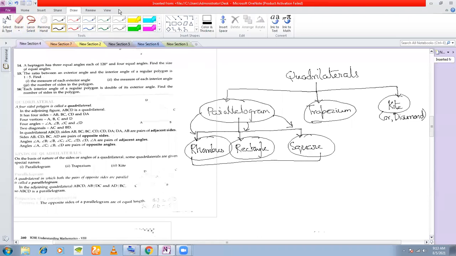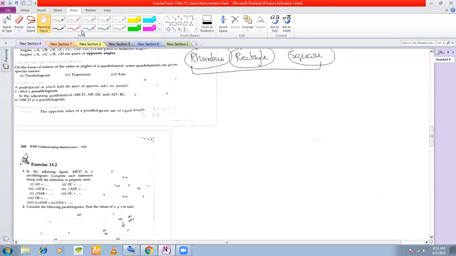Sir, how does a trapezium look? Trapezium. Okay, trapezium. Just because you asked, otherwise I would be discussing it later. A trapezium is a quadrilateral in which two opposite sides are parallel.